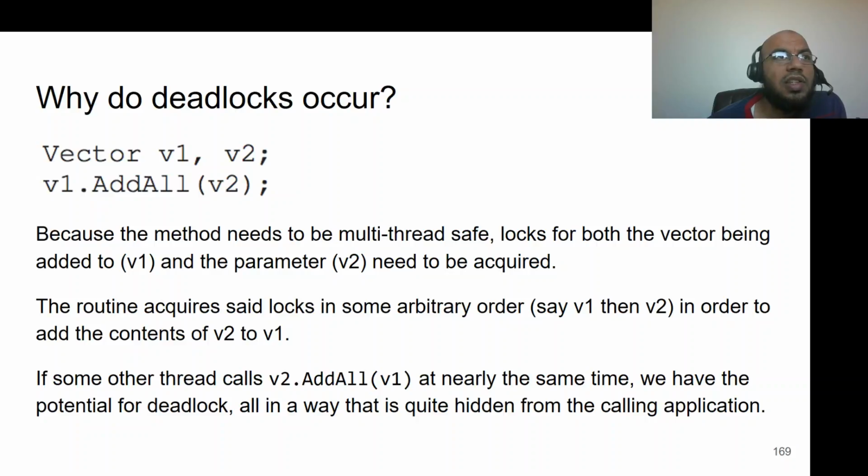Now, it's highly unlikely that you're going to have two threads, one of them adding v1 to v2 and the other adding v2 to v1, and that these occur at exactly the same time. But probability theory tells you that if it could happen, it will happen. Anything that could happen will happen.